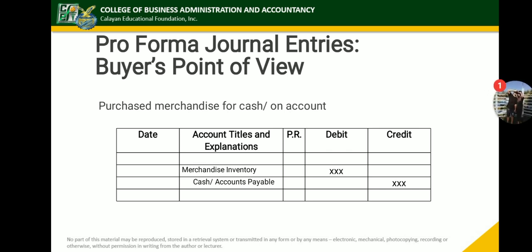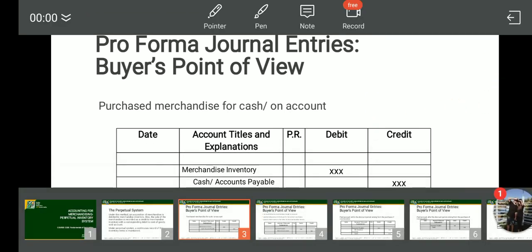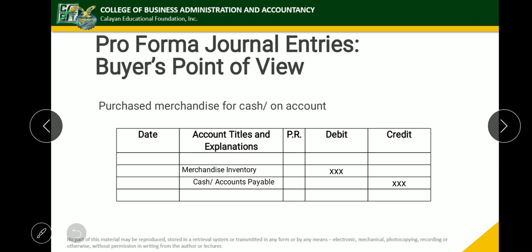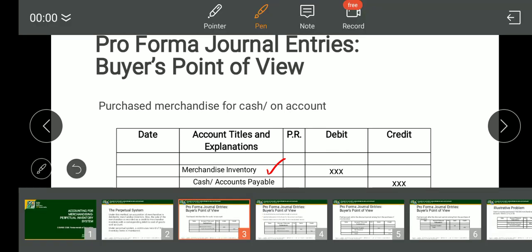Take note na yung naka-debit pagdating dito kay periodic inventory system ay hindi merchandise inventory, kundi purchases, di ba? Since perpetual na nga ito, diretso debit na natin kay merchandise inventory. Okay, next.